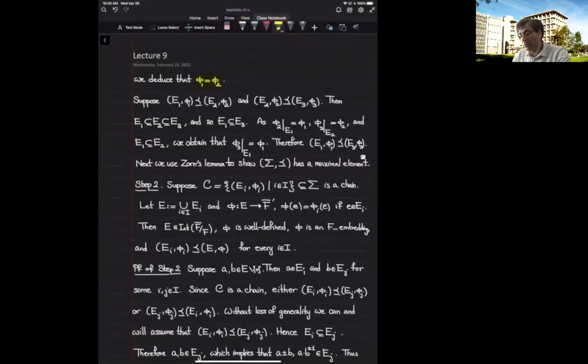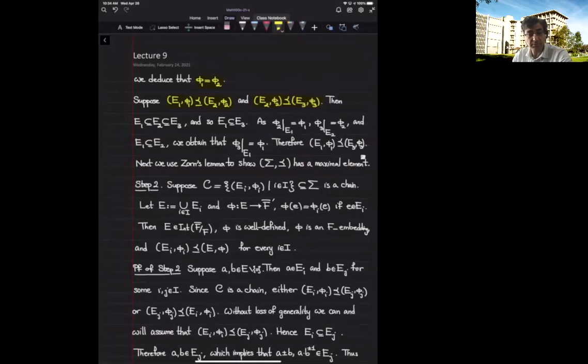Finally, we want to show the transitivity, the transitive property. So suppose the pair E sub 1 phi sub 1 is at most the pair E sub 2 phi sub 2, and the pair E sub 2 phi sub 2 is at most the pair E sub 3 phi sub 3.